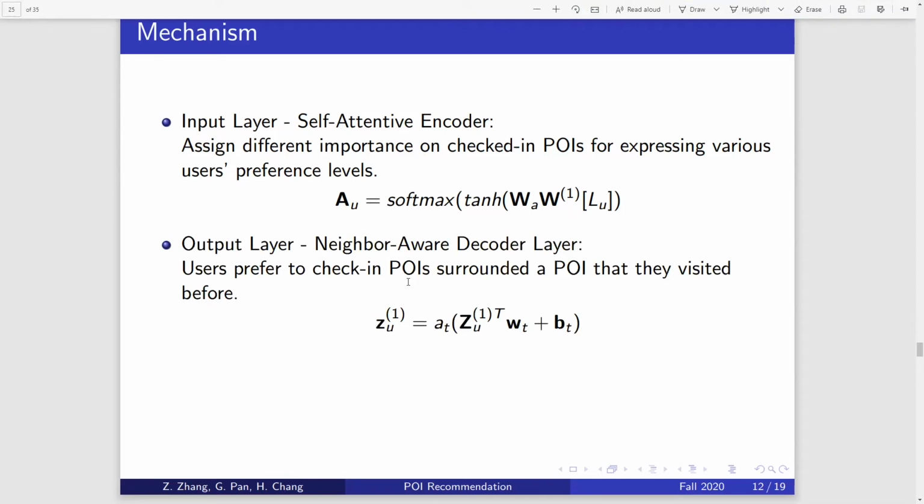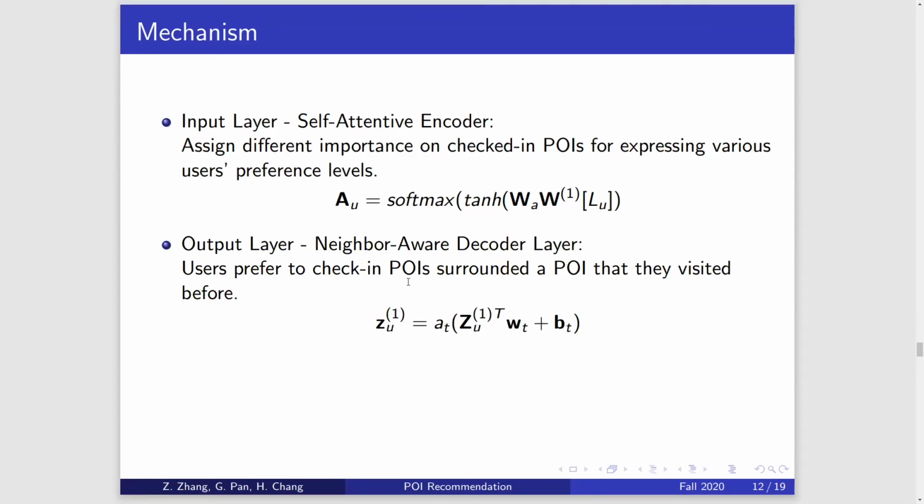So let's talk about the neighbor-aware decoder. POI recommendation has a well-known phenomenon called the geographical clustering phenomenon. It's not hard to think that users prefer to check in at POIs surrounding the POIs that they visited before. So a checked-in POI may have impacts on other unvisited POIs.